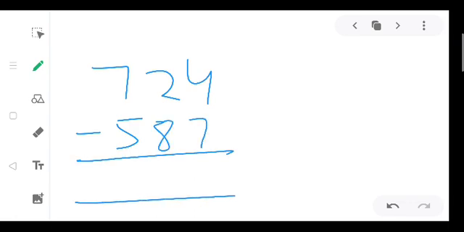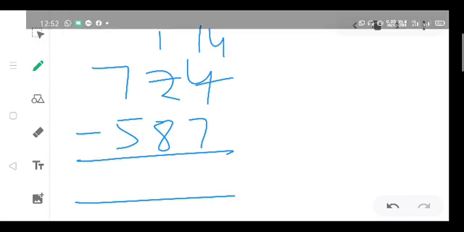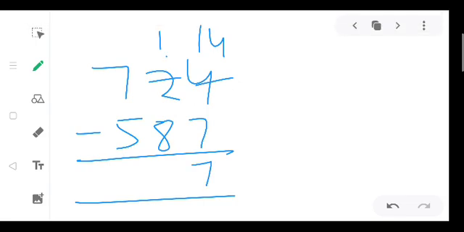Firstly, I found their difference. 4 is small, we will borrow from here. It will remain 1 and here becomes 14 ones. 14 minus 7, 7. Now the tens place digit is small, we will borrow from 100, 600, and here it becomes 11 tens. 11 minus 8, 3, 6 minus 5, 1.